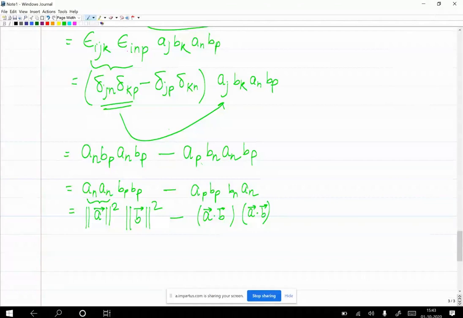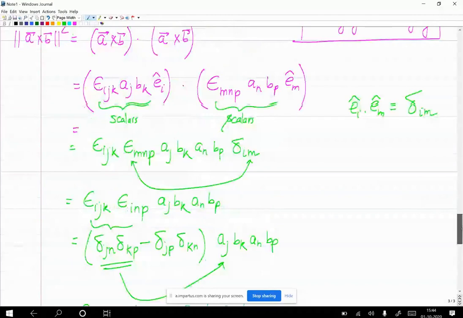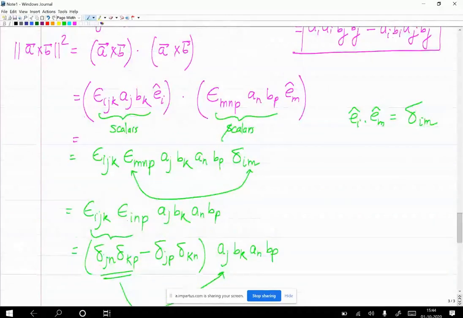Sir, whenever two terms are in a product and both terms are the same, like A cross B dot A cross B, so always we have to use other indices for the second term. Yes, correct, because the summation convention says no index can appear more than twice. So for the second one, you have to use a different index, like over here.